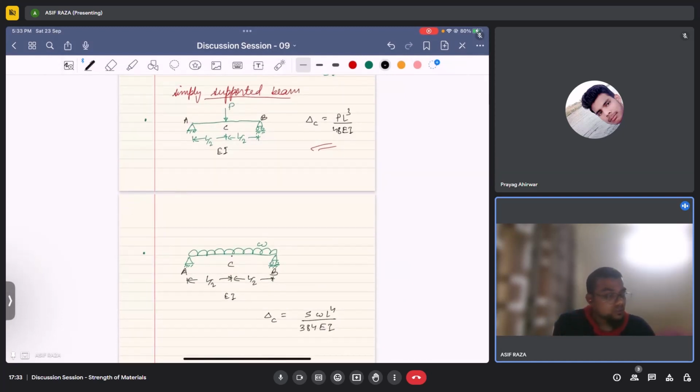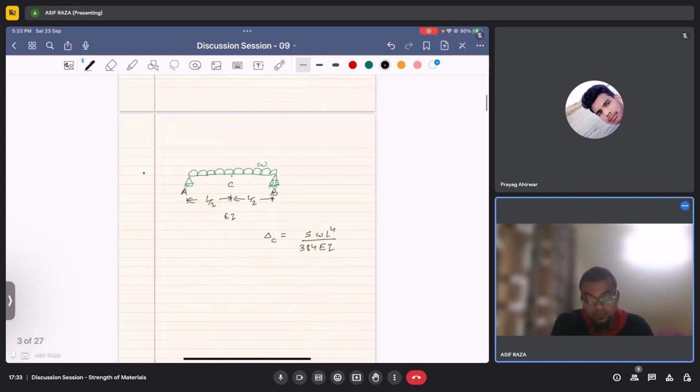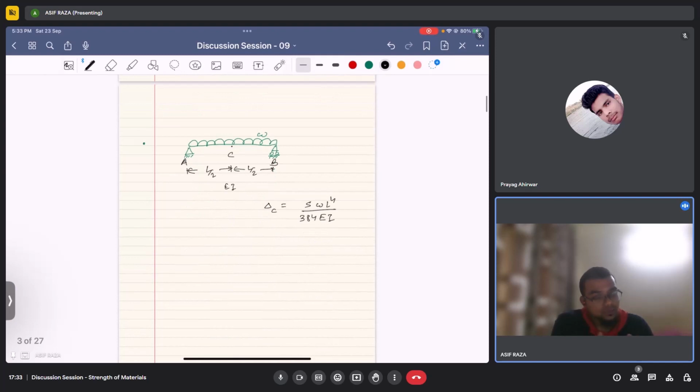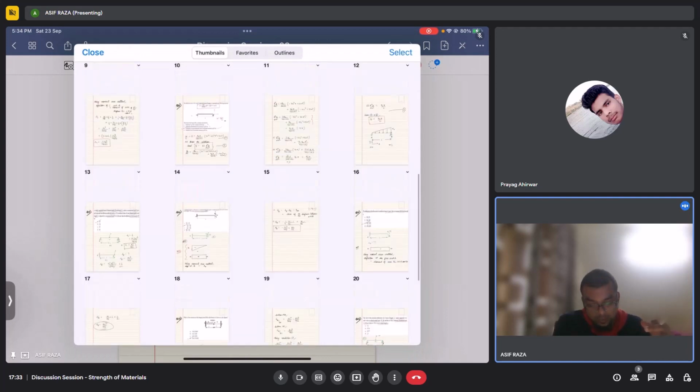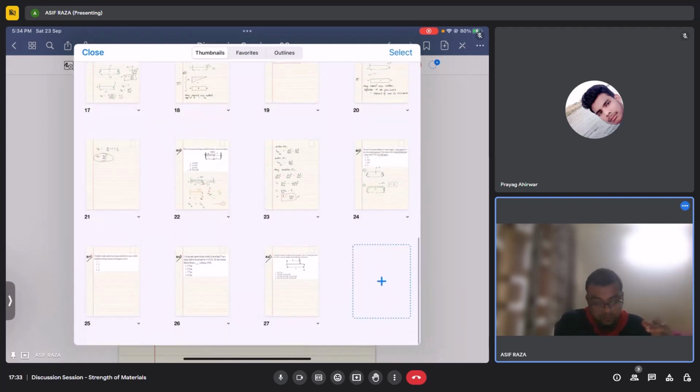When the isolated central load is acting at the center, maximum displacement is at the center, and its value is PL^3 by 48EI. And when the UDL is acting, uniformly distributed load, the maximum displacement is again at the center, and its value is 5wL^4 by 384EI. So we'll just use this.